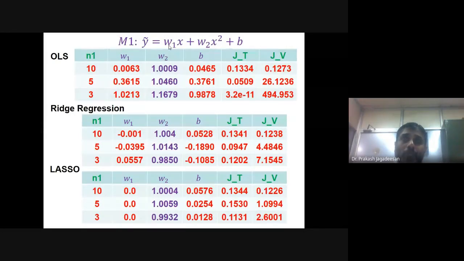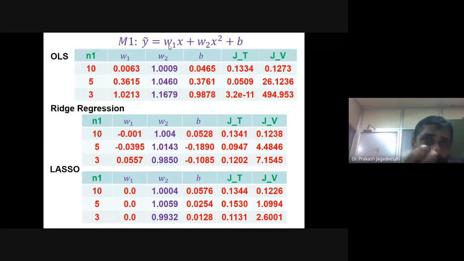The reason why I have reduced the number of observations is that in certain applications you won't have large data. Though we say big data analytics and all, in every application you won't get large data. You will not be able to conduct tests and collect more data.